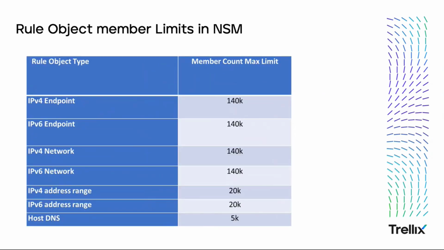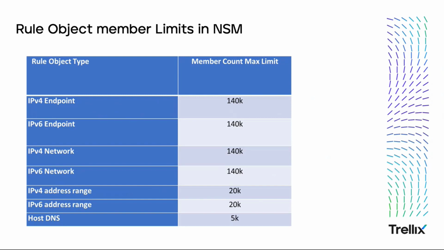Now, coming to the rule object member count limits in NSM. These are the maximum rule object member limits which can be configured in NSM. For rule object types such as IPv4 endpoint and IPv6 endpoints, the maximum rule object member count limit is 140K.